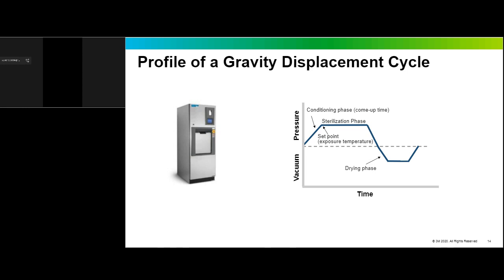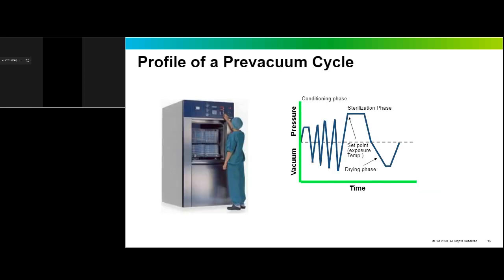So let's contrast that, look at this picture of a gravity cycle with what happens in a pre-vacuum cycle. So again, we have a graphical representation of pressure during a pre-vacuum cycle, and the blue line depicts chamber pressure as a function of time. And you can see that during the conditioning phase, air is mechanically removed.